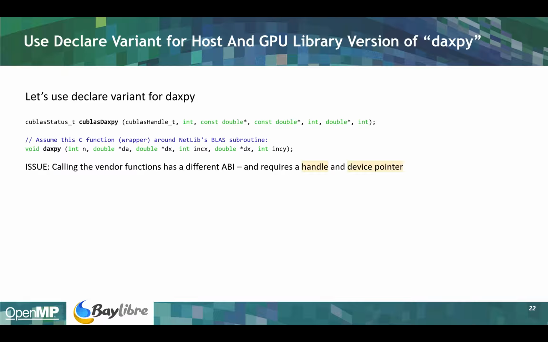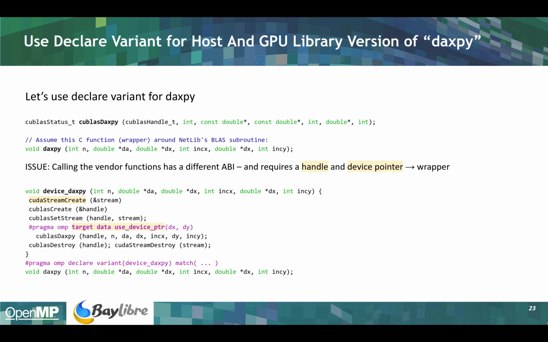Well, we of course write a wrapper for the cuBLAS function and then create a variant that looks like that. So we have a device DAXPY, a declare variant. We assume some match function, and one can think about what is sensible there. And in the function, of course, we have to handle the missing bits. So we create a stream and later destroy it.